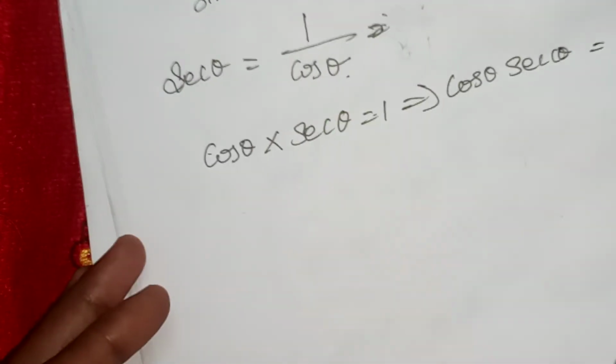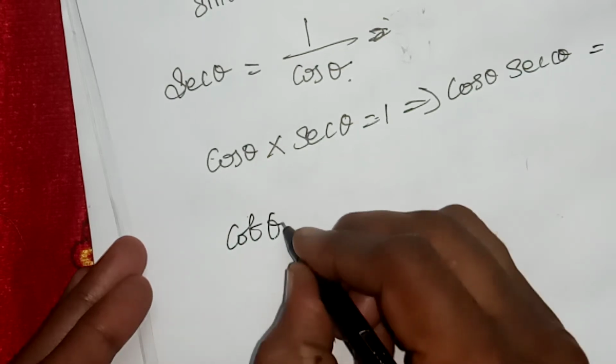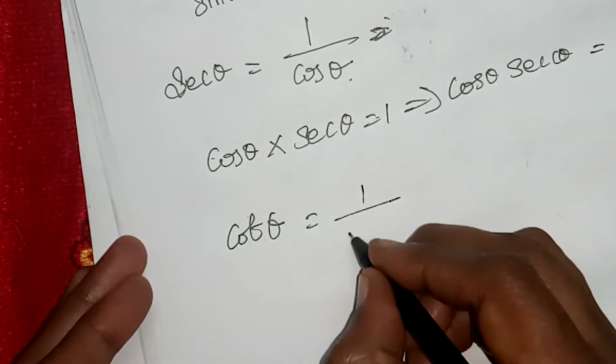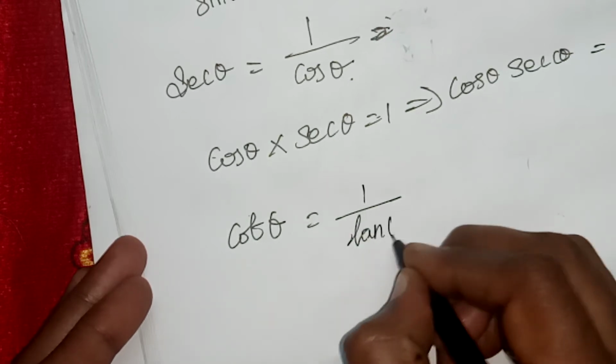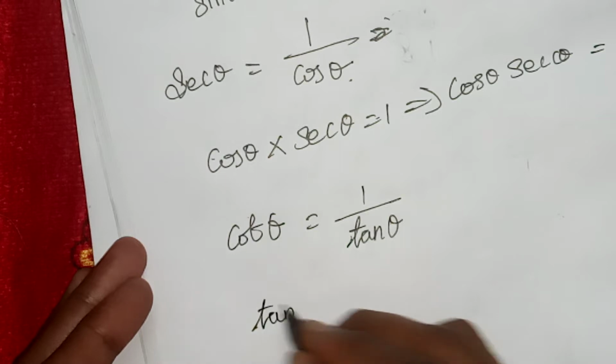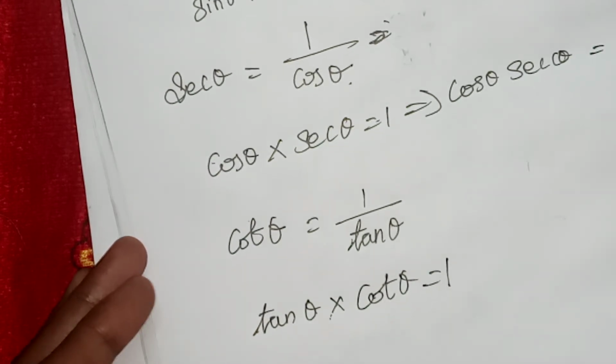Next, I have explained that cot theta is the reciprocal of tan theta. So cot theta is equal to 1 by tan theta. From this we can write tan theta into cot theta is equal to 1.